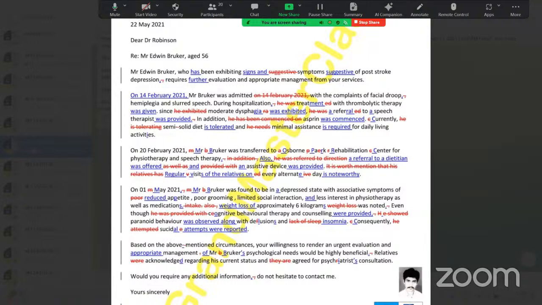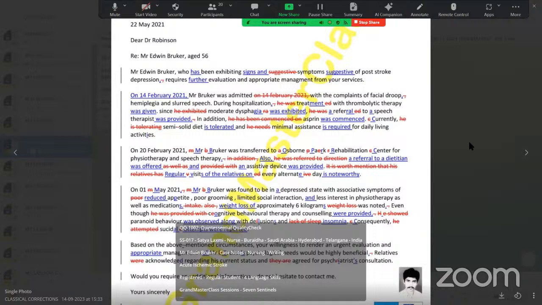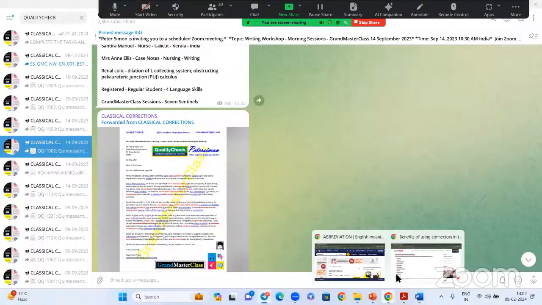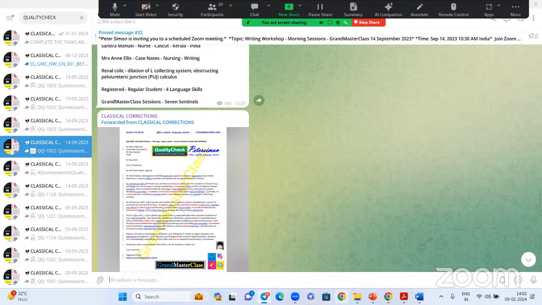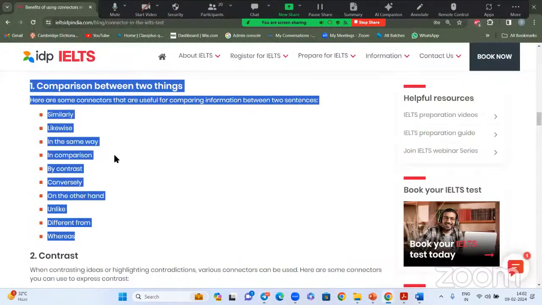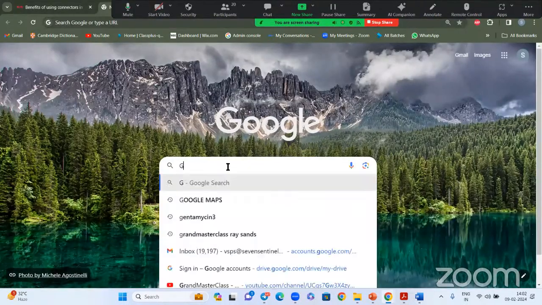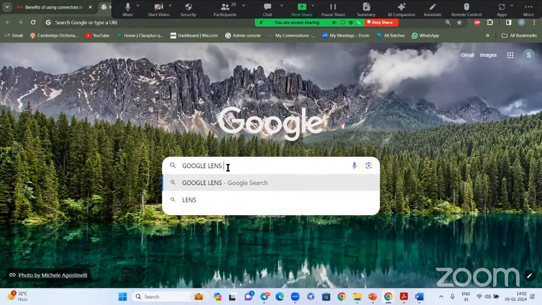Google Lens. Put the paper on the table and take the Google Lens app. You can take it from Google Apps, the Google Lens application.